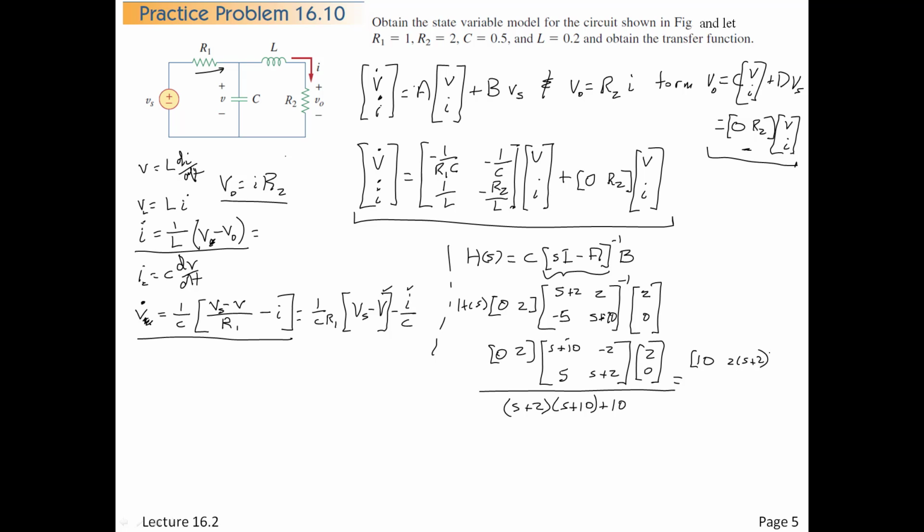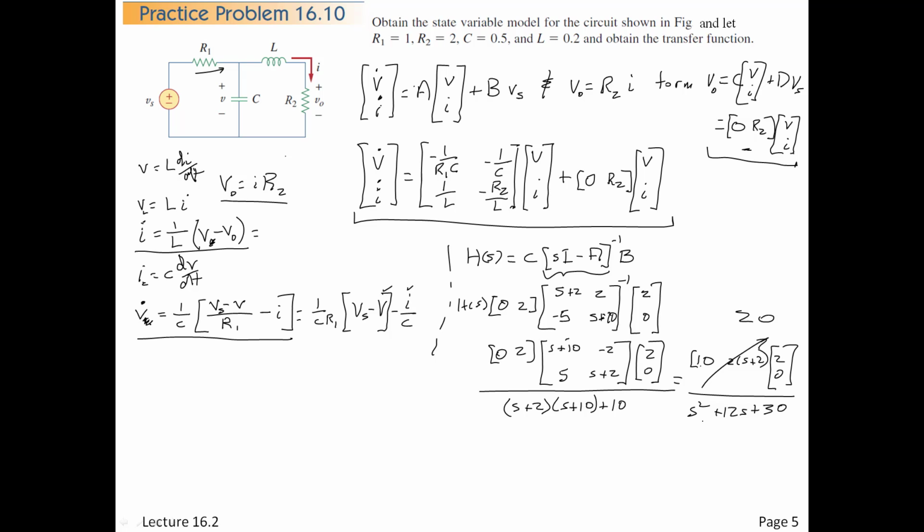Right, but that's with 2 and 0. So all of that is just going to amount to what? 10 times 2. So this whole thing is going to become 20. The bottom will be, it looks like by inspection, s squared plus 12s plus 20 plus 10 is 30.